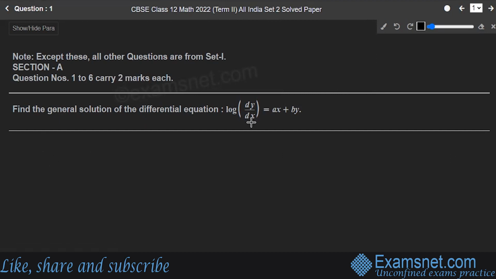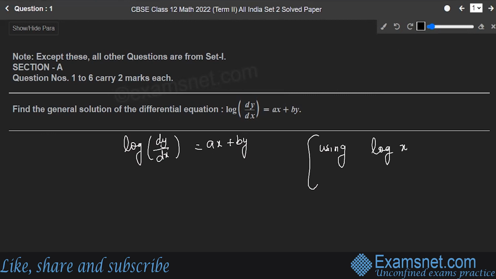So it says you have to find the general solution of this equation: log dy by dx is equal to ax plus by. Let's write it down. You have log dy by dx is equal to ax plus by. I'll be using a property: log x to the base a is equal to y can be written as a raised to power y is equal to x.